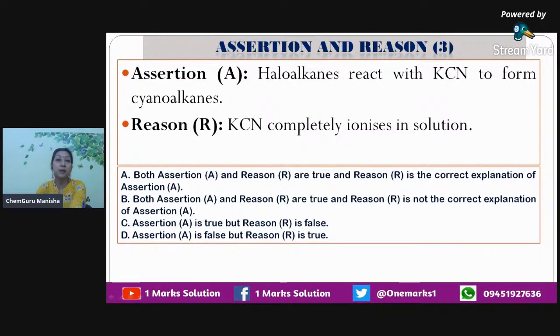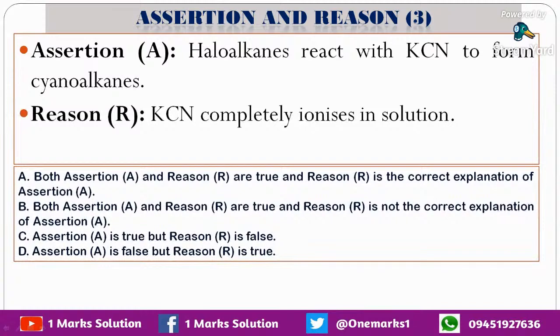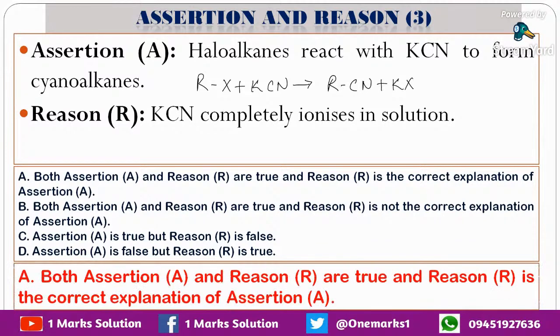Third statement that we have is haloalkanes react with KCN to form cyanoalkanes. So every time you have RX reacting with KCN, you will have the formation of RCN plus KX. And reason is KCN completely ionizes in solution. So for this, the assertion is true, reason is also true, and reason is explaining the assertion well.